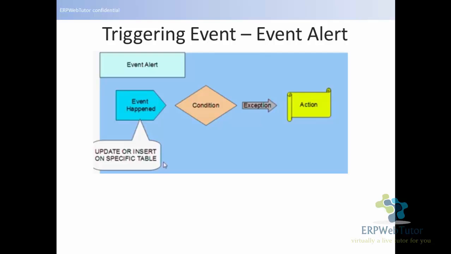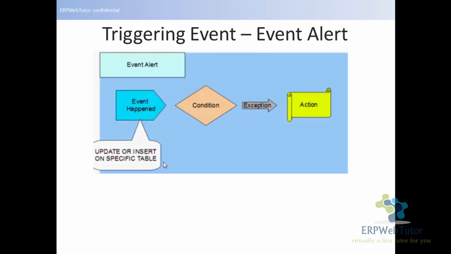Now we will talk a little bit about the triggering event. Let's say when a new user is created, that is a triggering event. An event is nothing but an update or an insert into a specific table. In this example, a new user is created. What happens when a new user is created in the system?